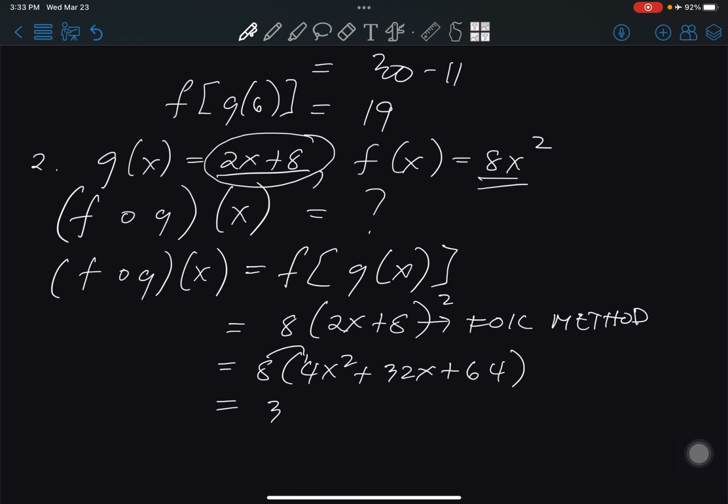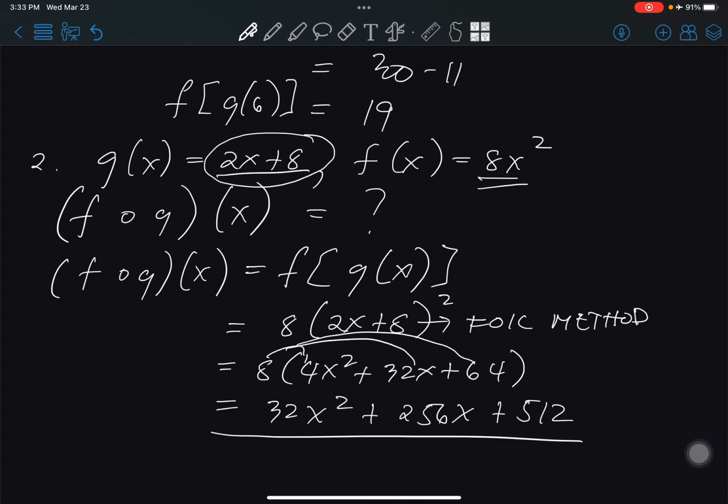That would become 32x squared plus 8 times 32. That would be equal to 256x plus, then 8 times 64. That would be equal to 512. So this is now the answer for f of g of x.